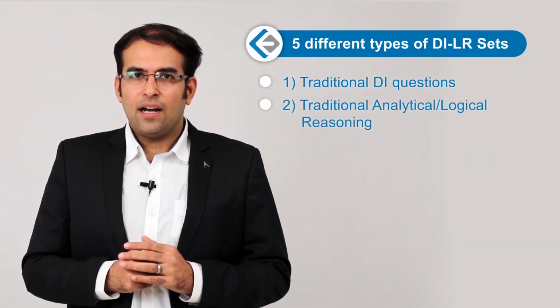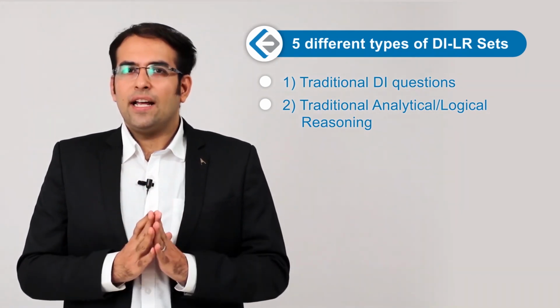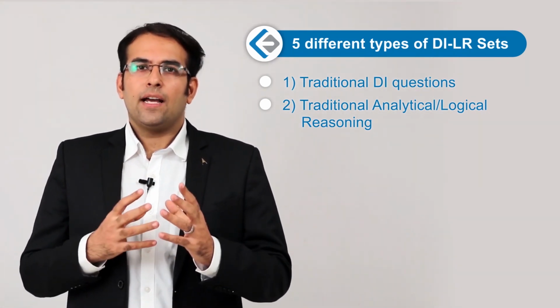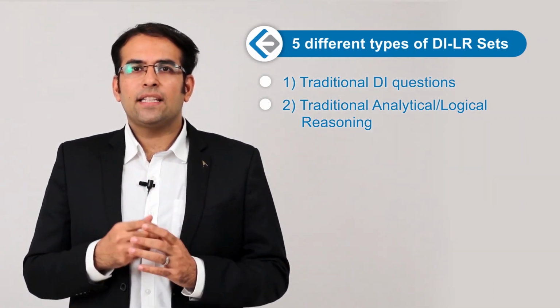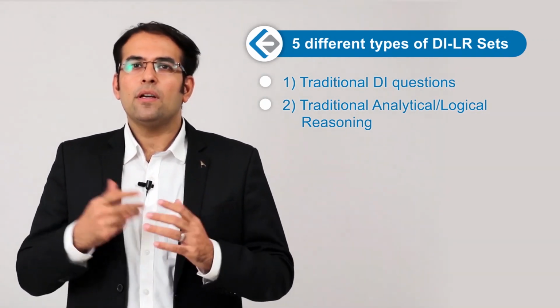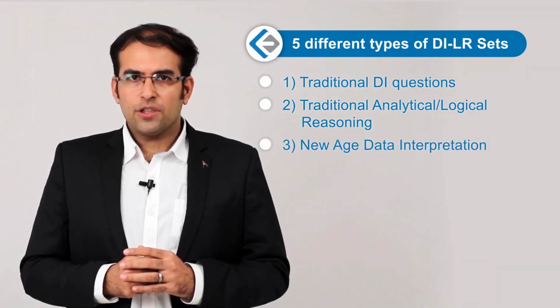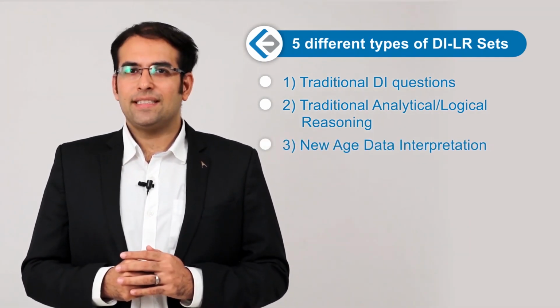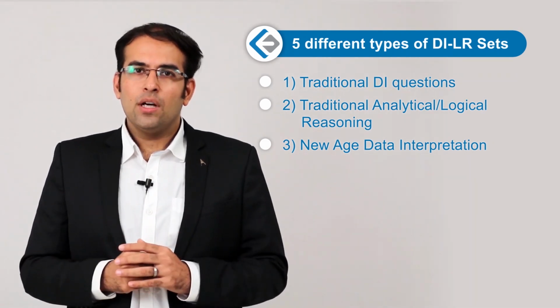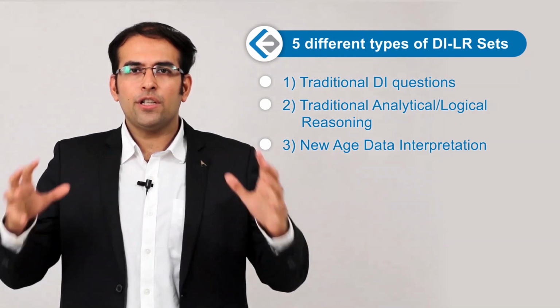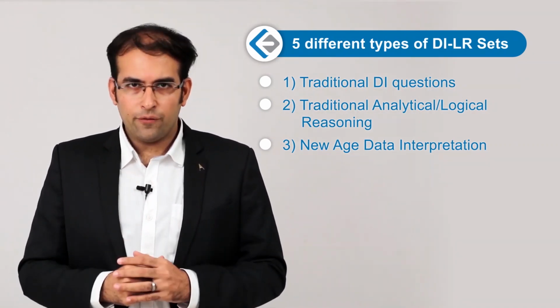The second kind are traditional analytical reasoning or logical reasoning sets, which can be a matrix puzzle like 3x6 or 3x7 or maybe a 4x6 or 4x7 set. The third kind are new age data interpretation sets, which may include a paragraph where you have to form the calculation or the data yourself and then move it forward.